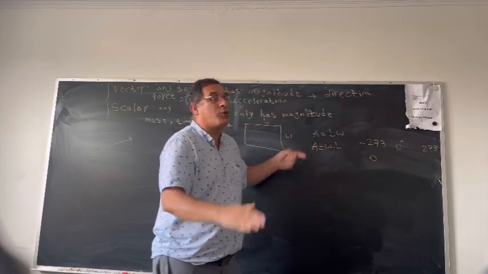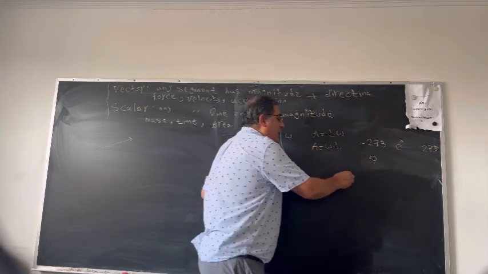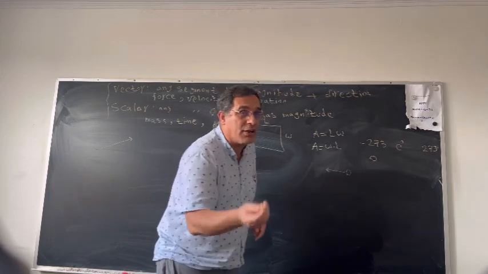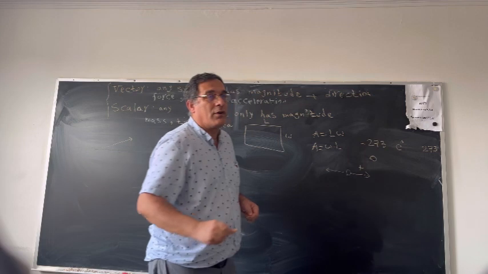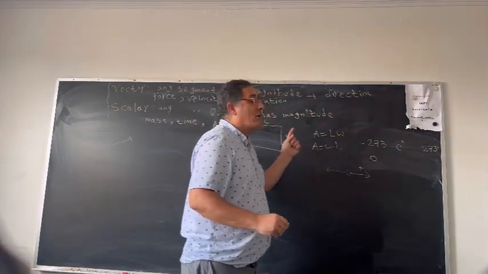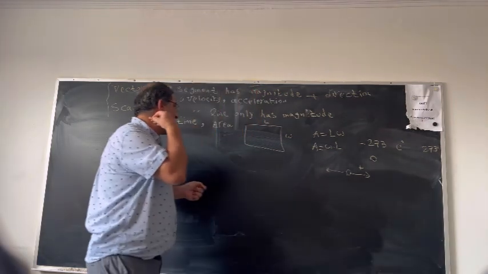So if you assume the melting temperature of ice is 0 degree, if something is less than this one, you assume it is negative. More than this one, you assume it is positive. Relative. But generally, you cannot say temperature has a direction. So temperature is a scalar.